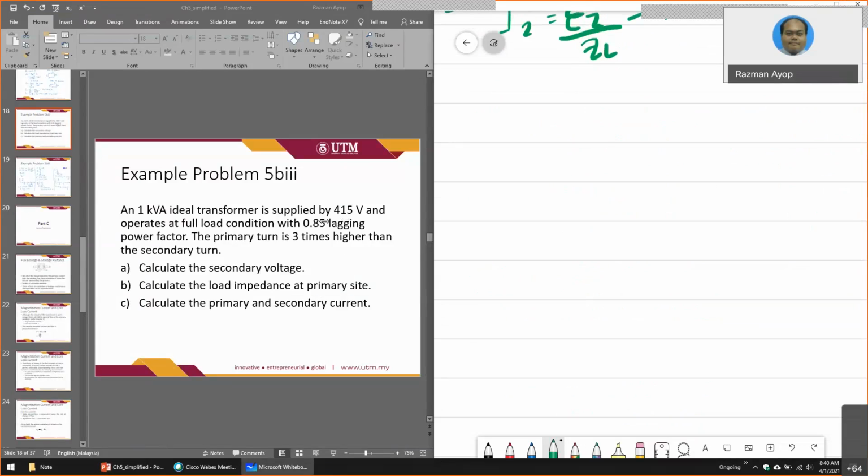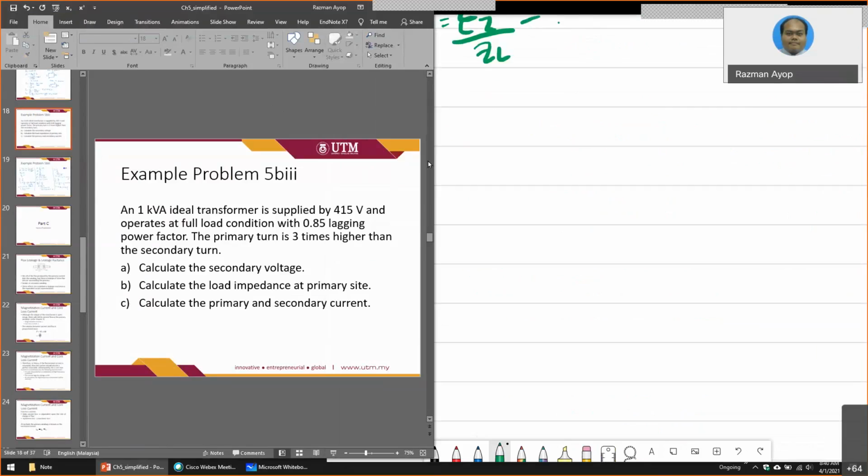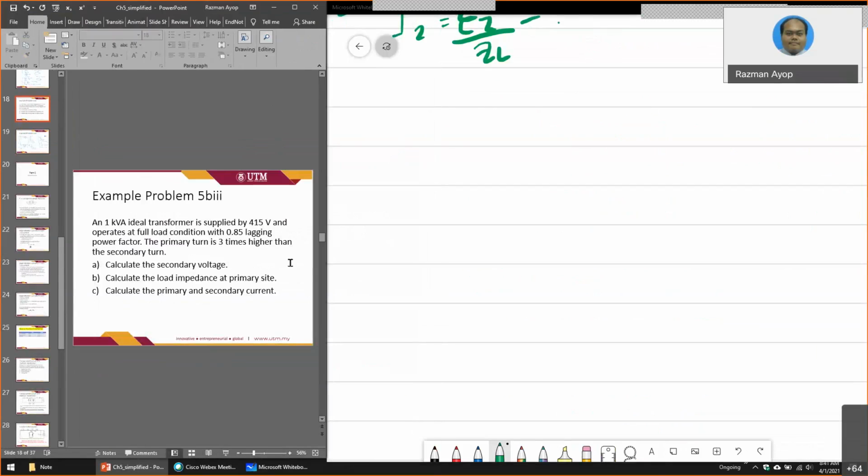Okay, so we continue with the next part. Example 3. I forgot this is available. So this is example 3. You have a 1 kVA ideal transformer supplied by 415 volt and operating at full load condition.